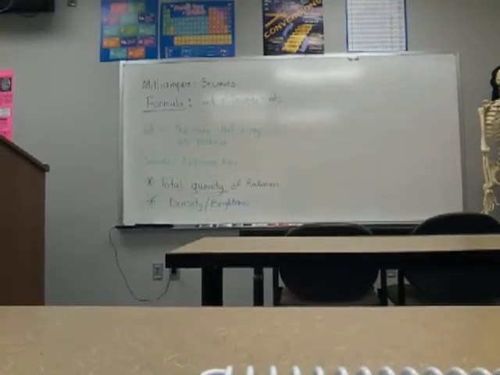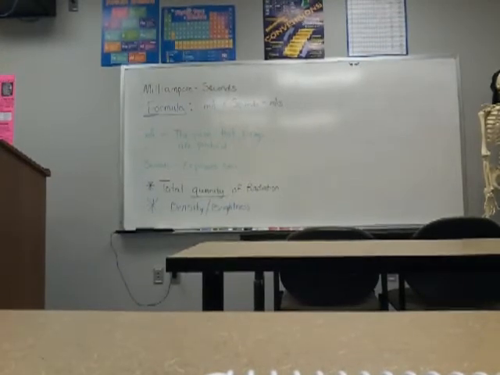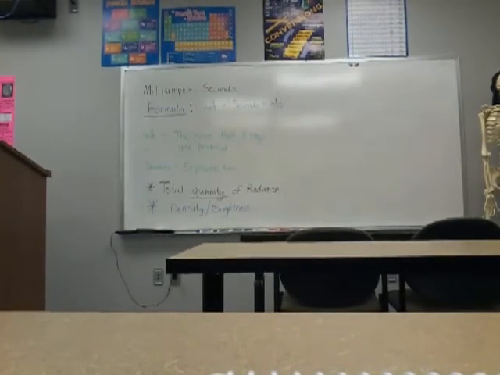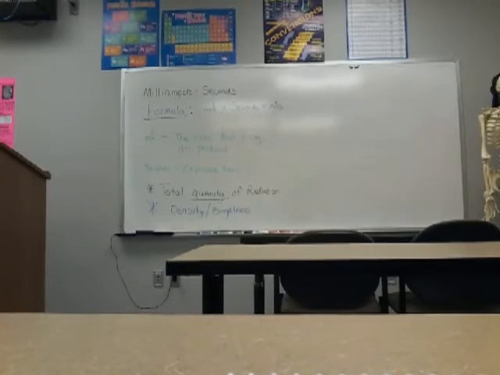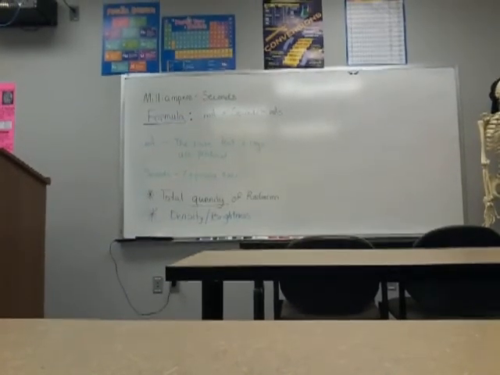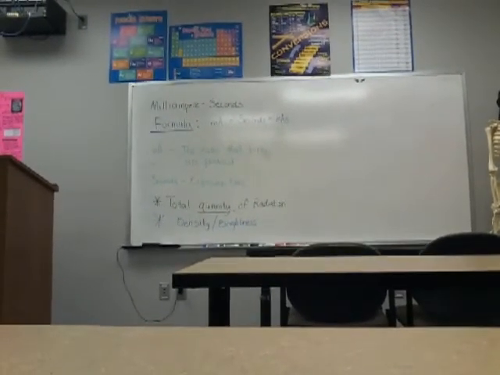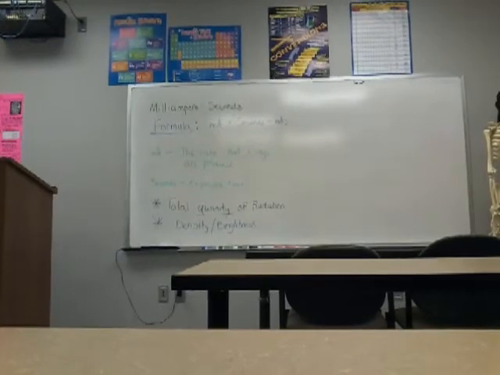For this lesson, we're going to start off with the milliamperes and seconds, which actually is a formula: the mA, the milliamperes, times seconds, which equals the mAs, which we shortly call mass. The mA is the rate that the X-rays are produced.